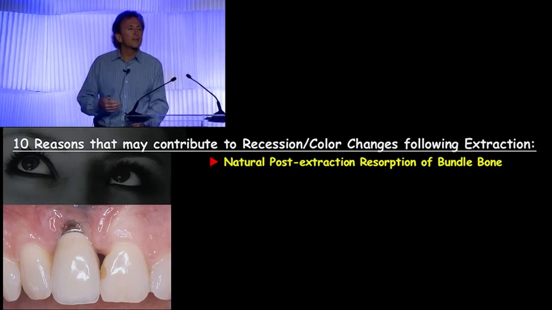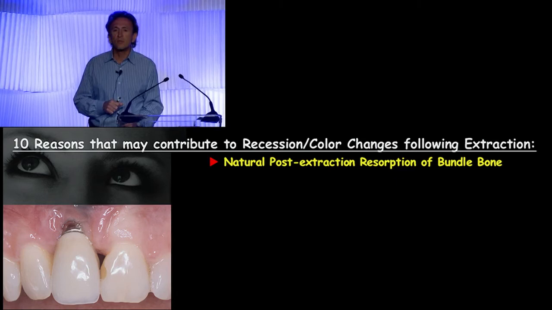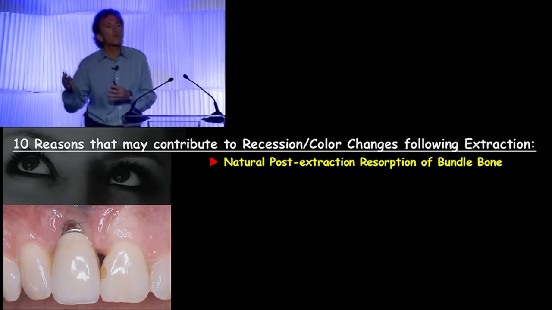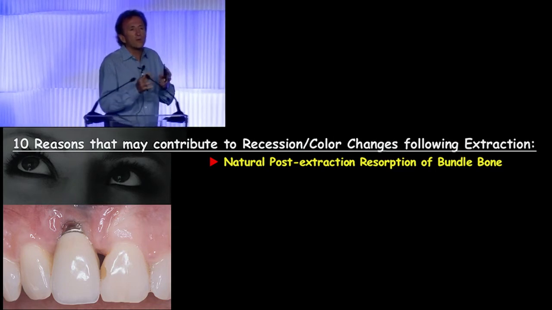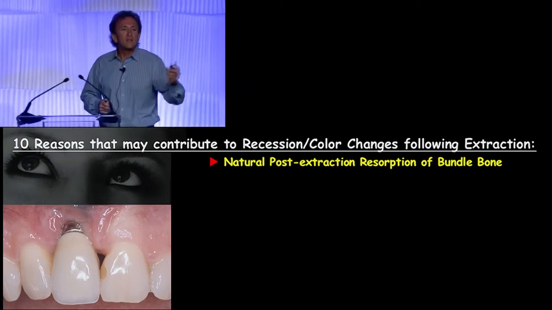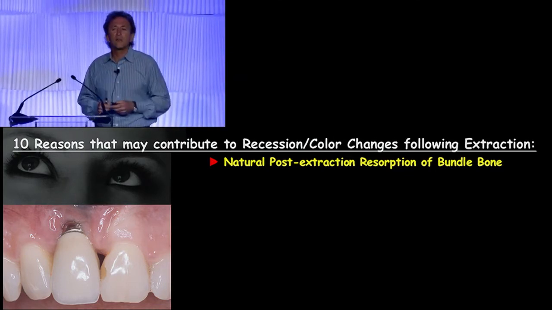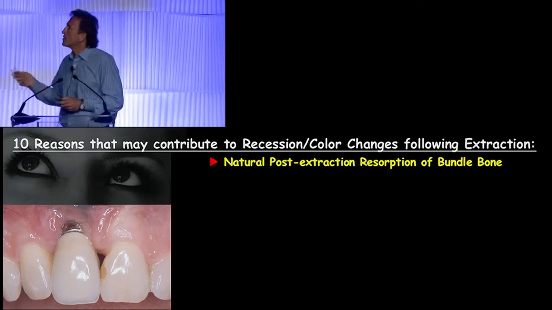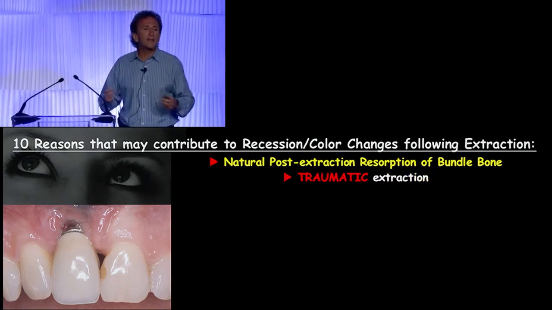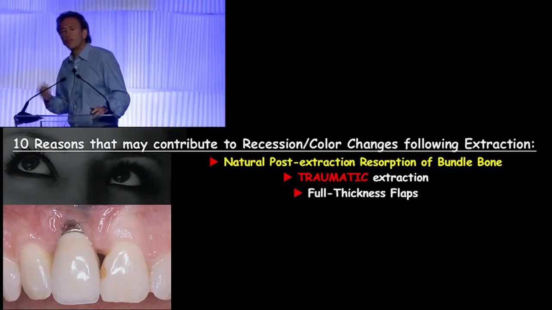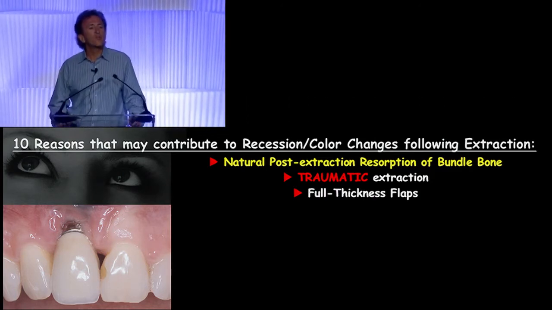One of them is natural post-extraction resorption. Whether you believe bundle bone has a great role in it, whether it plays a partial role, and whether it differs from thin scallop tissue versus thick, flat tissue is one factor that plays a role. Traumatic extraction, full thickness flaps, certainly something to consider.